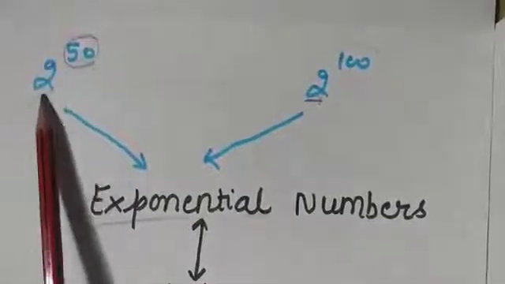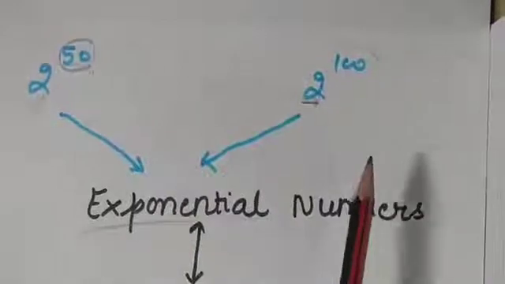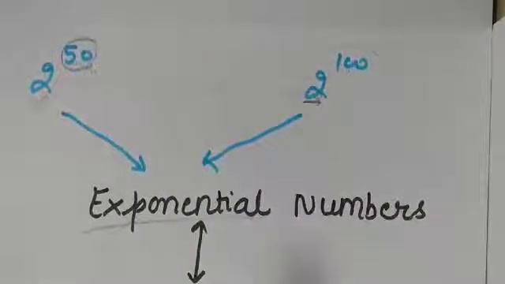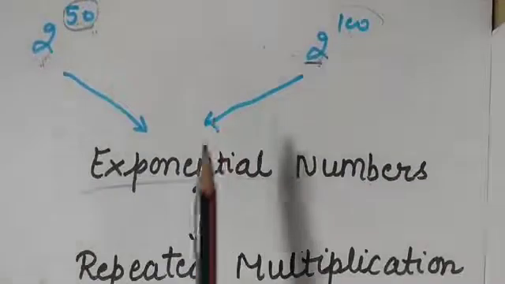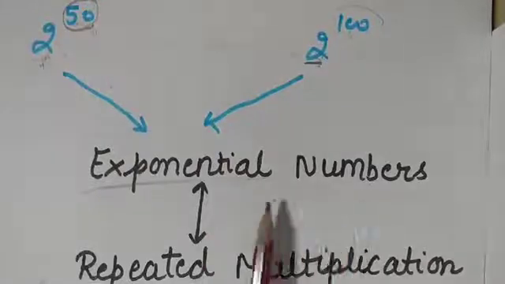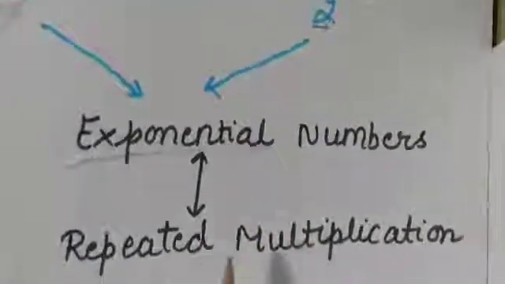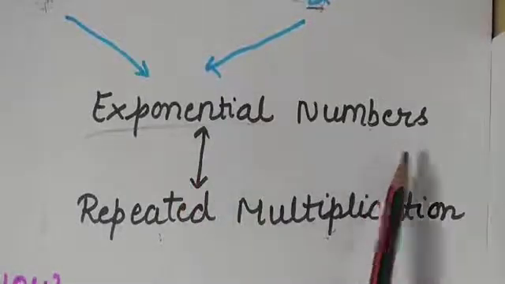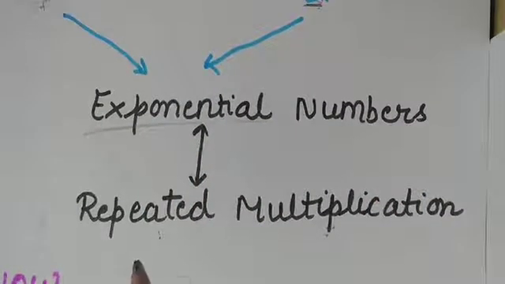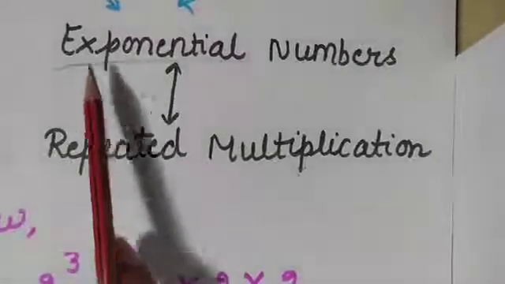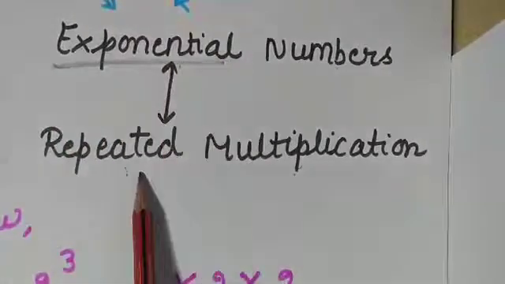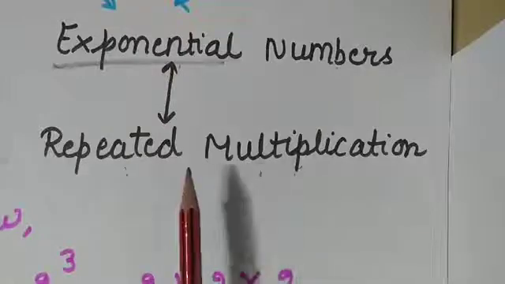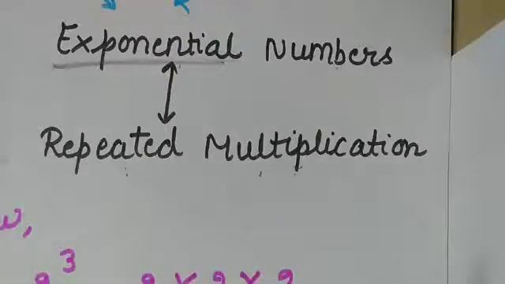If we are multiplying 2 to itself n number of times, with any number of times, these are known as exponential numbers, and these are also repeated multiplication. So exponential numbers means repeated multiplication. So this exponential denotes repeated multiplication, just like multiplication denotes repeated addition.